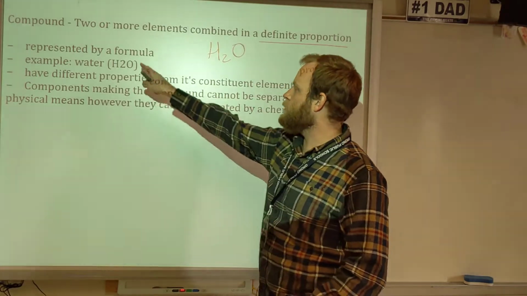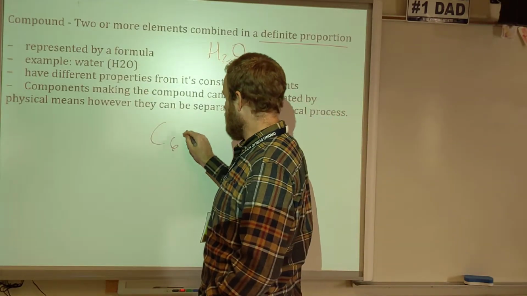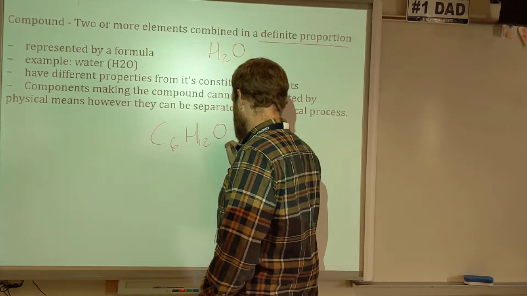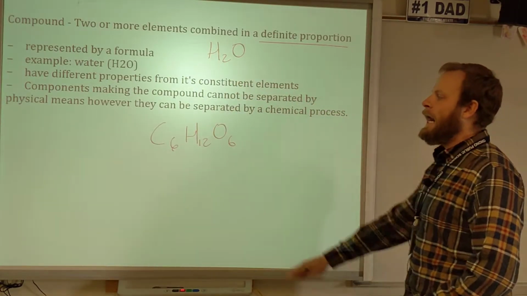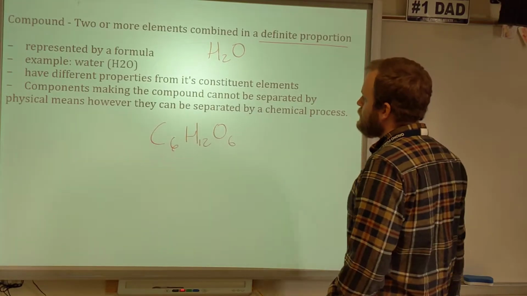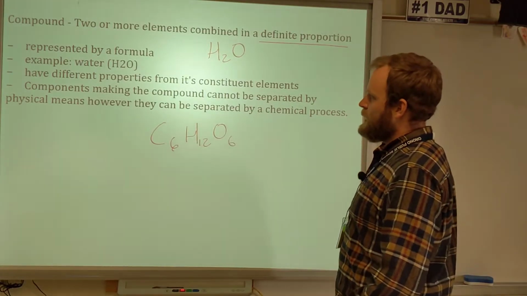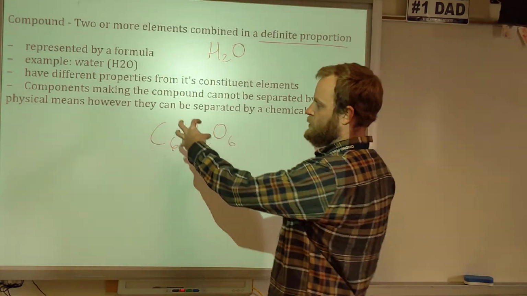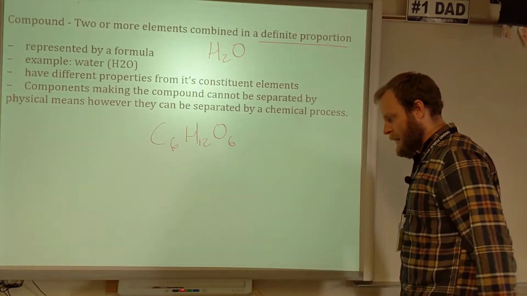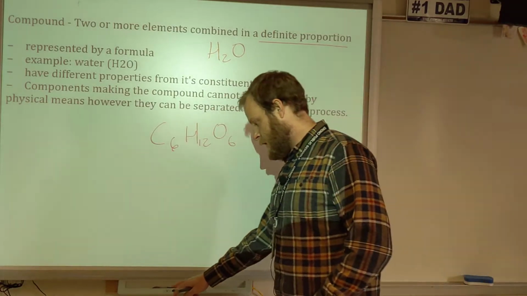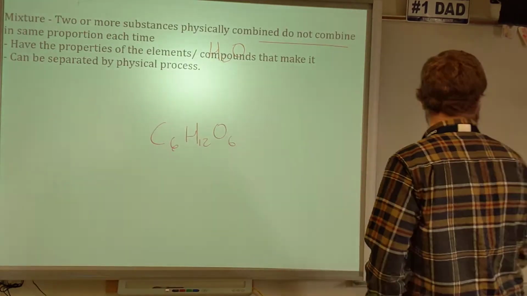There's one, water, it's right there. Here's glucose. There's a ratio there, there's a chemical formula, the definite proportions. It has to have those numbers in order to be glucose. But they can't be separated by physical means. So I can't just pluck the carbon off the glucose molecule. I'd have to do some sort of chemical reaction in order to get those things to separate.